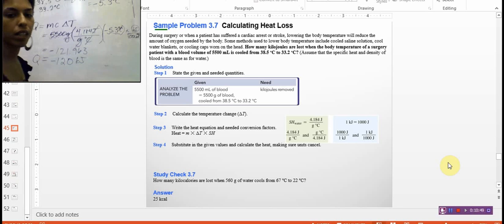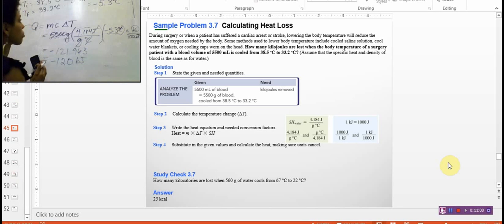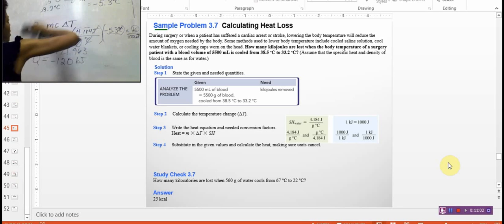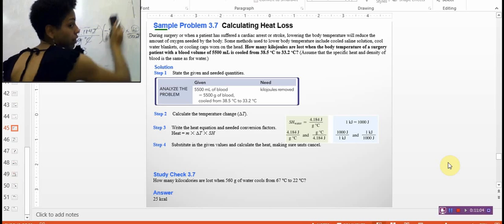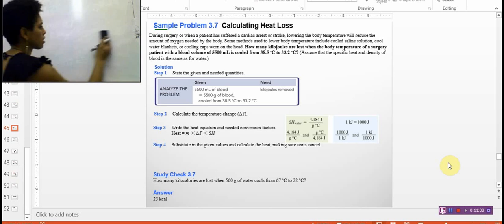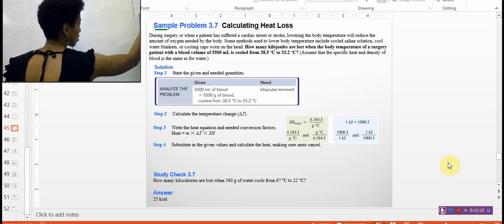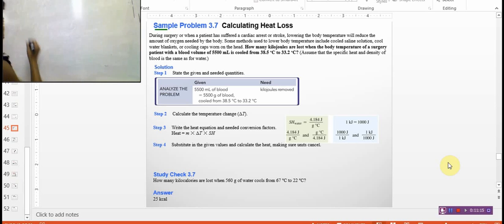Let's try another problem. Let's look at the bottom problem. The answer is given, but you don't know how to get there, right? So let's do this example. You have 560 grams of water. So our mass is equal to 560 grams.